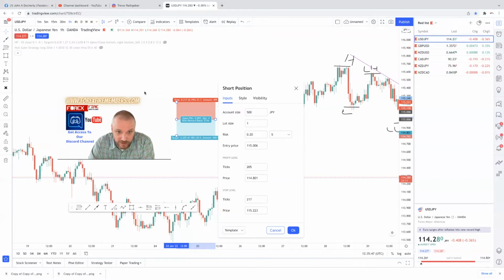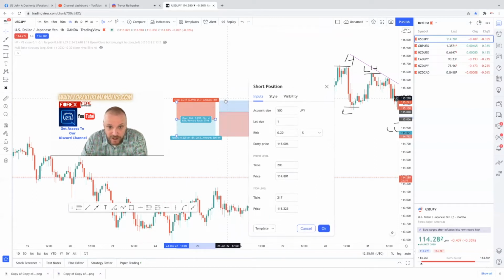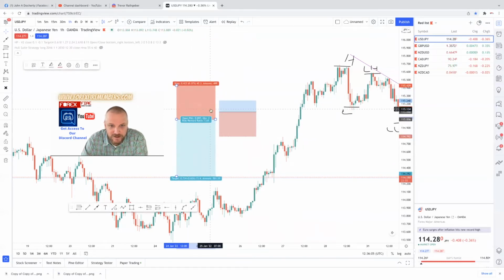Now, this is where I'm going to put your attention onto these numbers that are on here, okay? Now, risking 0.2%, okay? Let's see. Just need to have a look at this. It's 0.2%.